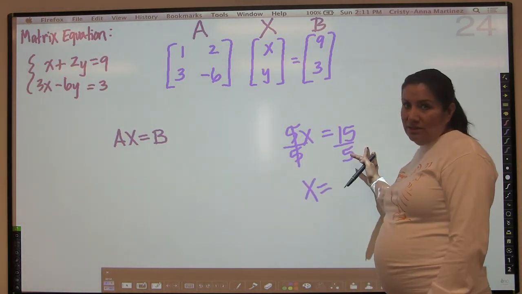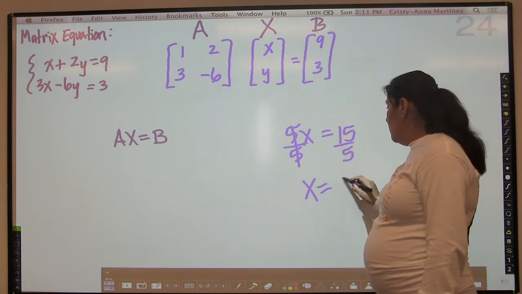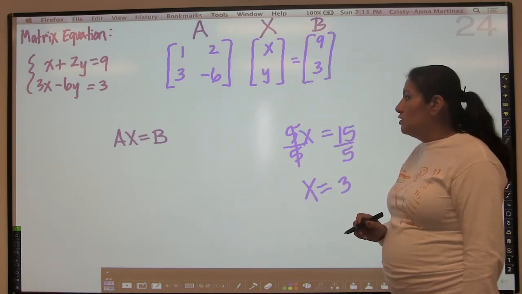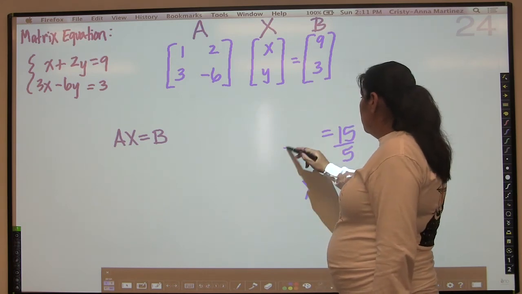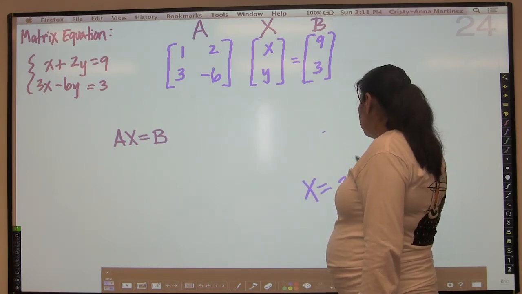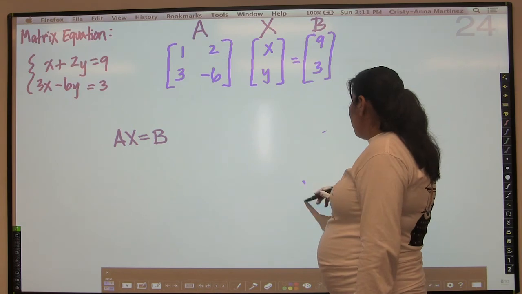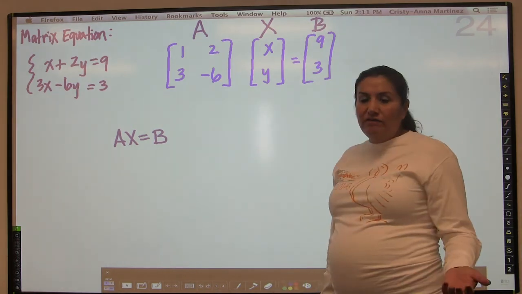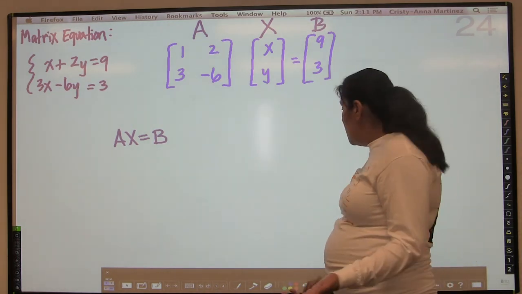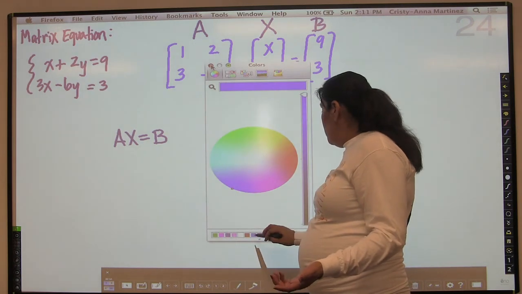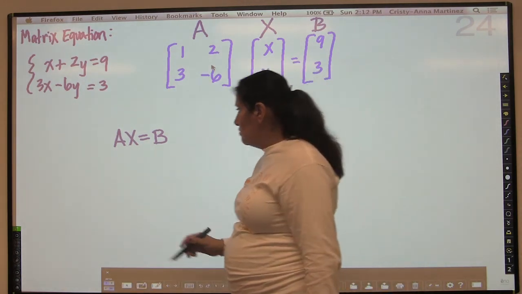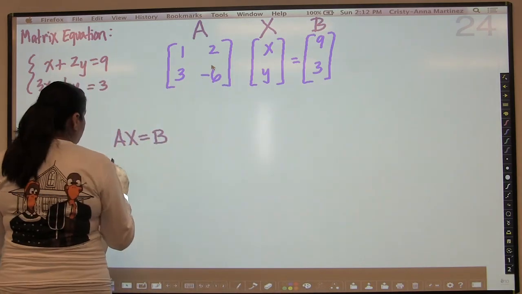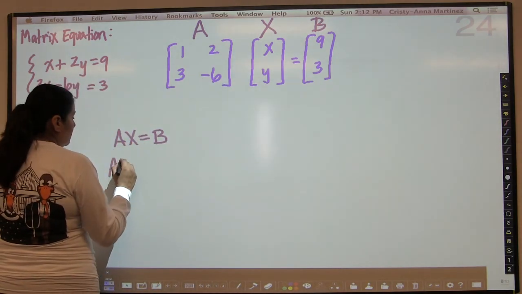It doesn't cancel on this side, but it does give you the answer. So what I want you to pay attention to is that it's the fact that it's the inverse that makes it cancel. So that's why we went through all this trouble having you understand what an inverse was. For the future, whenever you have an equation that says AX equals B, you can take the inverse of both sides.